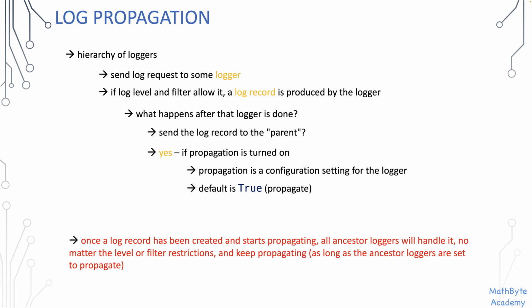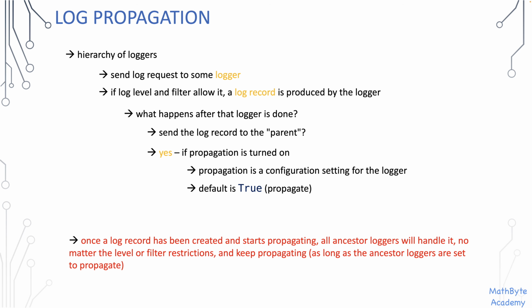Now, what's very, very important to understand: once a log record has been created, which means that the logger to which you send the data has a level and potentially a filter, if it accepts your record, so let's say its level is set to warning and you send an error, that is okay. The log record is going to get created by that particular logger. And let's say that logger is set to propagate up.